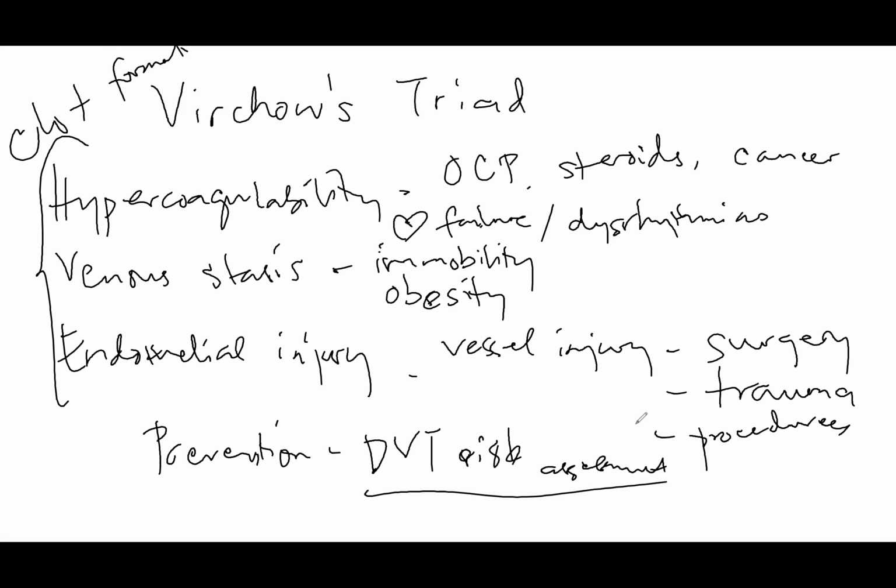No. So therefore, this is why you still check your DVT risk assessment every shift. It doesn't stop.